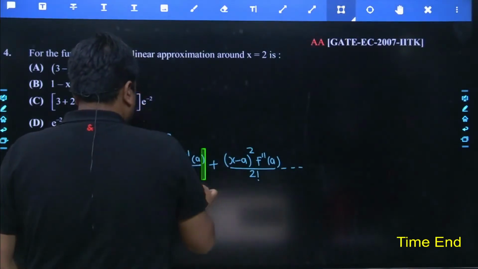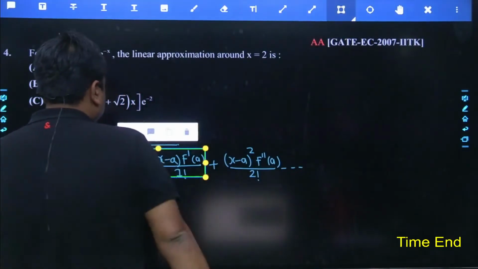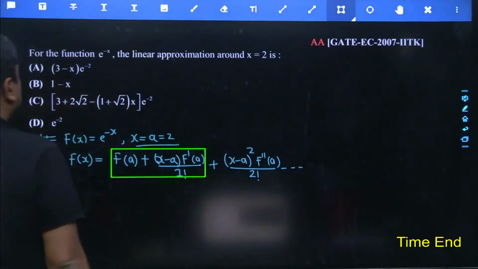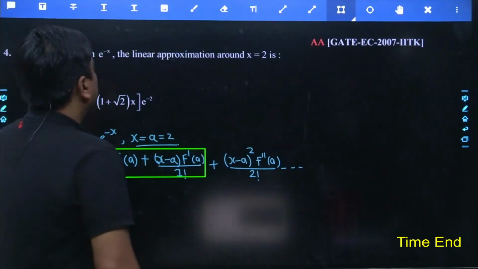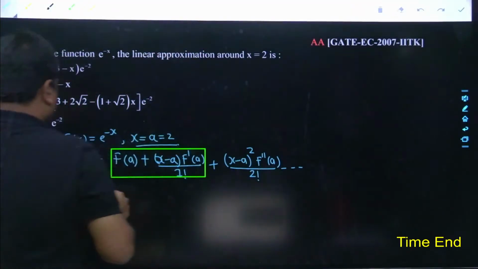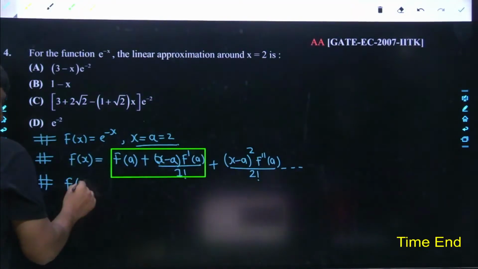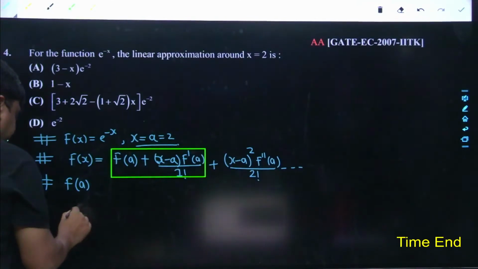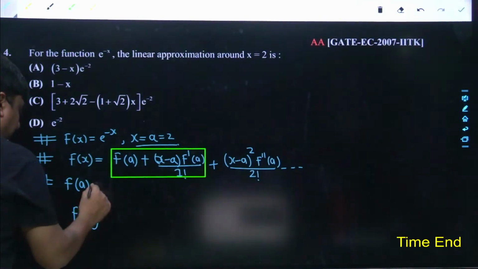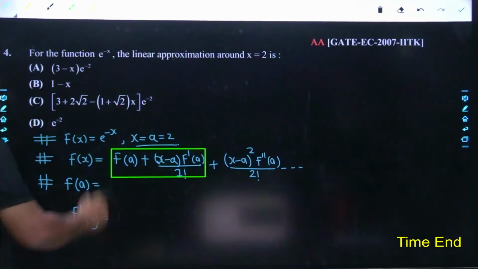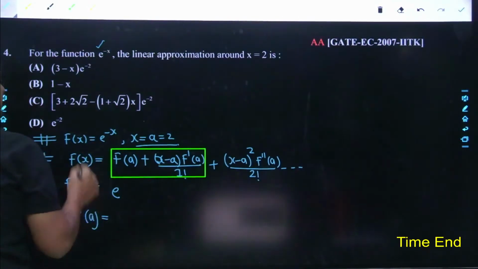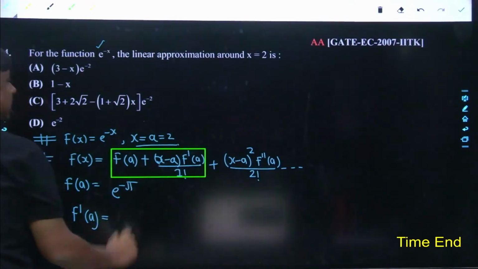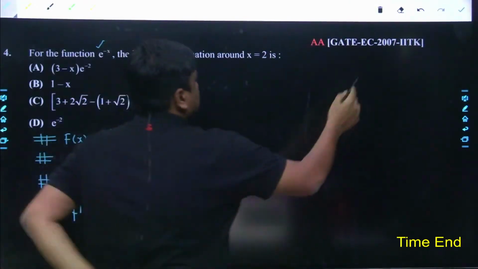What I am saying in this problem has been clearly said: the starting 2 terms are to be considered. So we have to focus on the coefficients f of a and f dash a. So here comes f of a and then comes f dash a. The function is e to the power of minus x, where x has been replaced with a, and the value of a is 2.